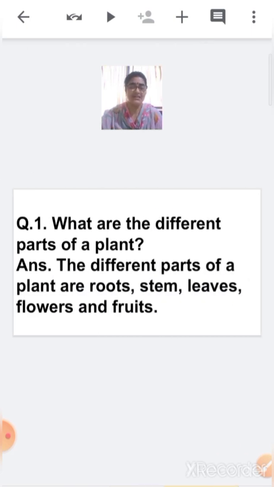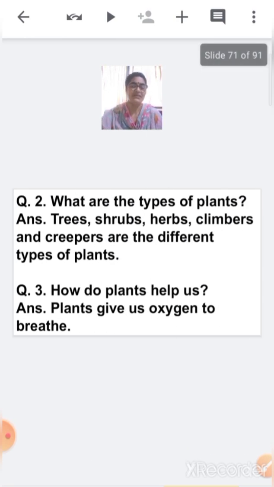What are the different parts of a plant? The different parts of a plant are roots, stem, leaves, flowers and fruits. What are the types of plants?